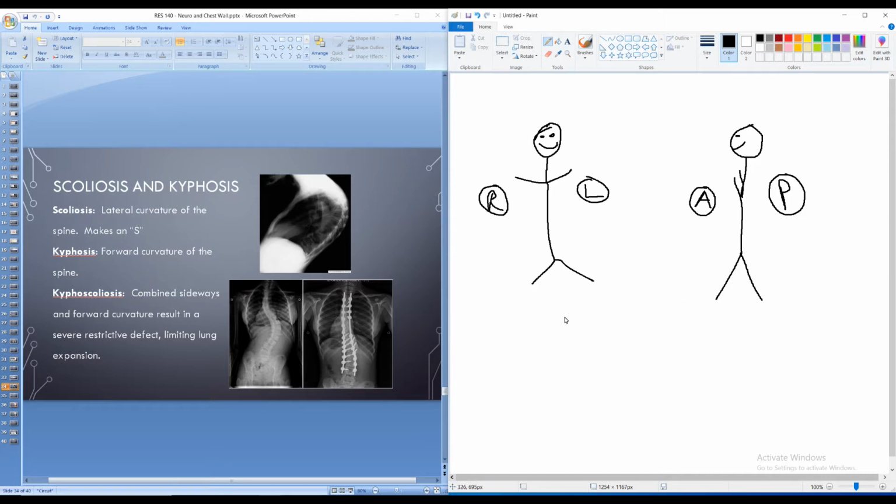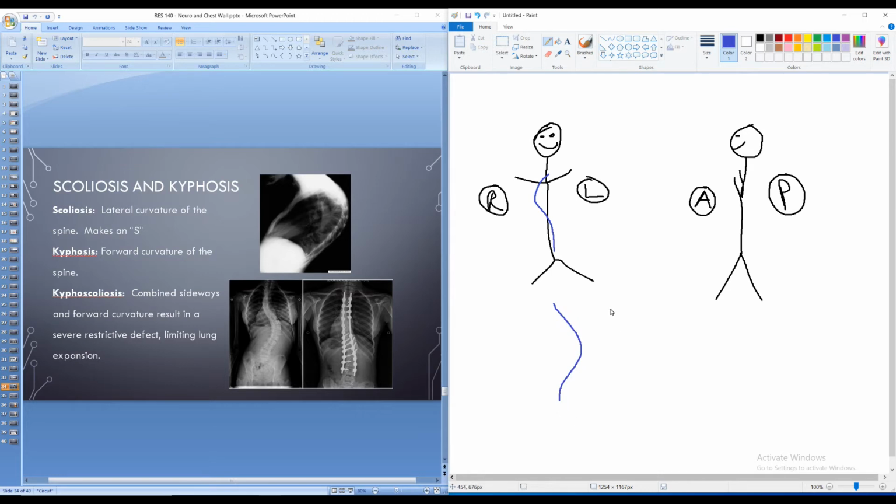Scoliosis, we already said this is lateral curvature of our spine, and it makes an S. So lateral, meaning side-to-side curvature of the spine. So instead of this patient's spine being right in the middle right here where it should be, what are we going to see? We're going to see a spine that is deviated off to one side. There's our lateral curvature. Or maybe it goes off to this side.